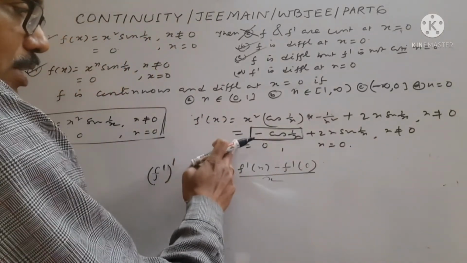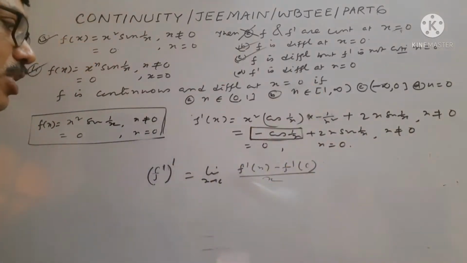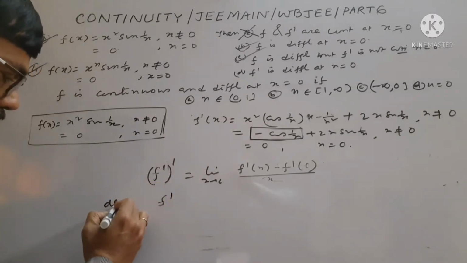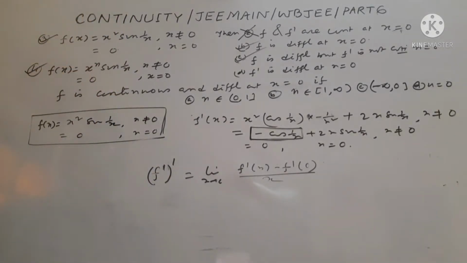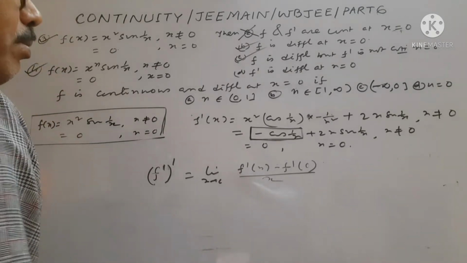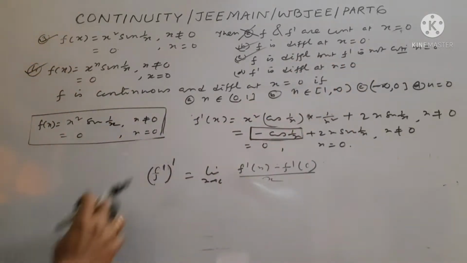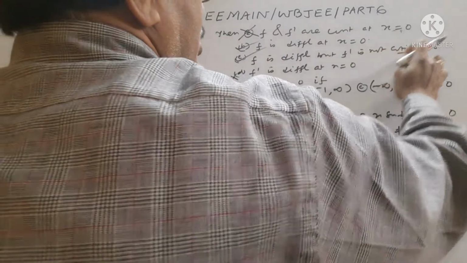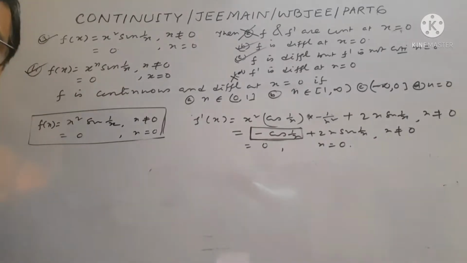So if you divide f'(x) by x, this will be sin(1/x) and this is (1/x) cos(1/x). So the derivative of f' does not exist. f' is not differentiable. f is differentiable, mind it, but f' is not differentiable. So we are getting two options: f is differentiable but f' is not continuous, and f is differentiable at x = 0.